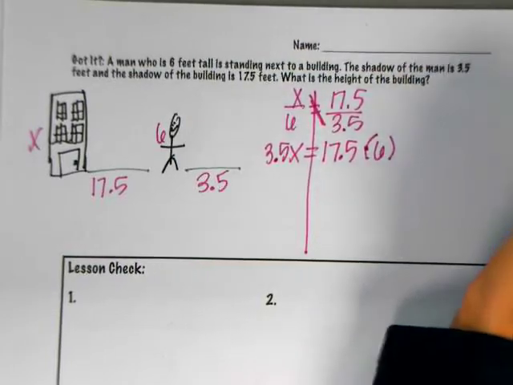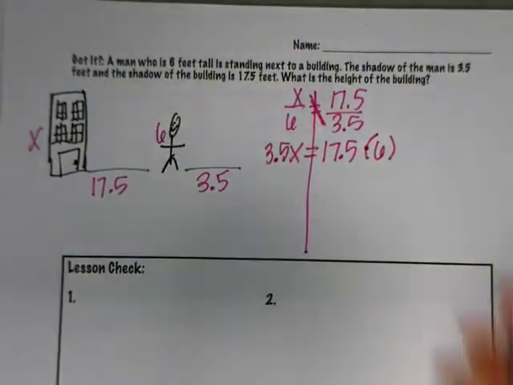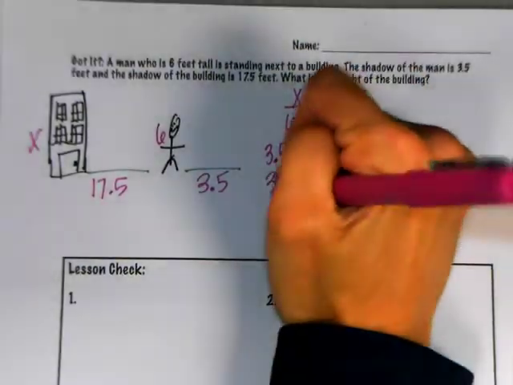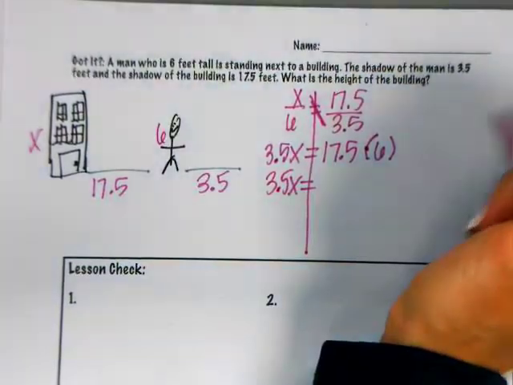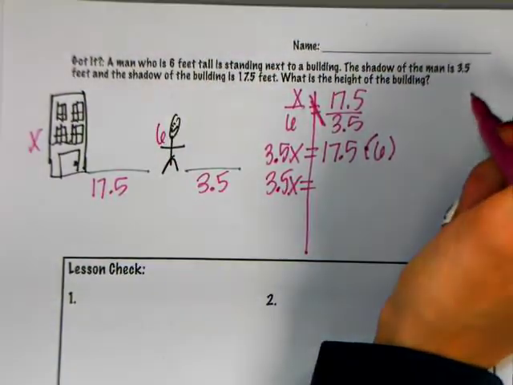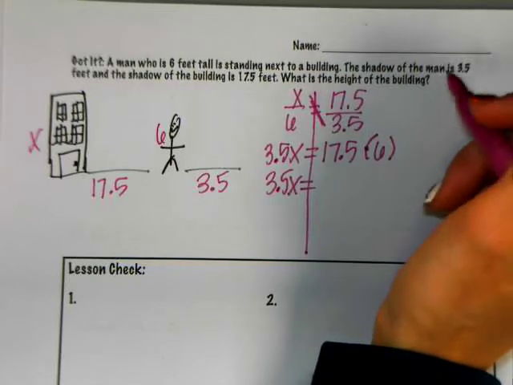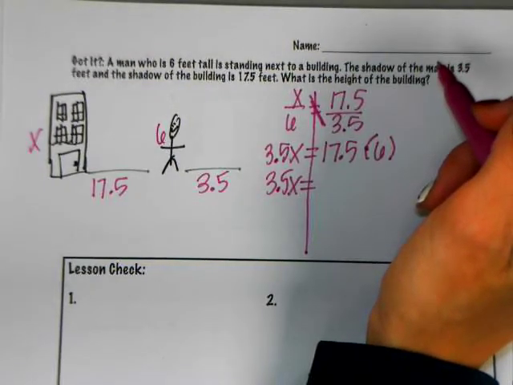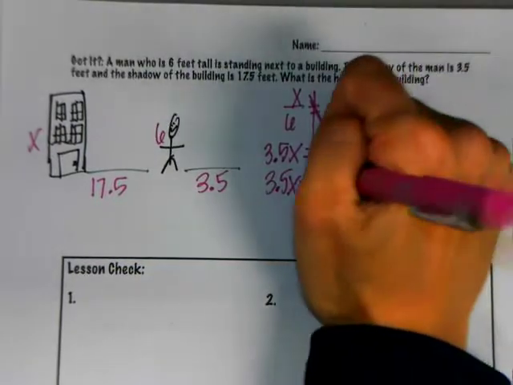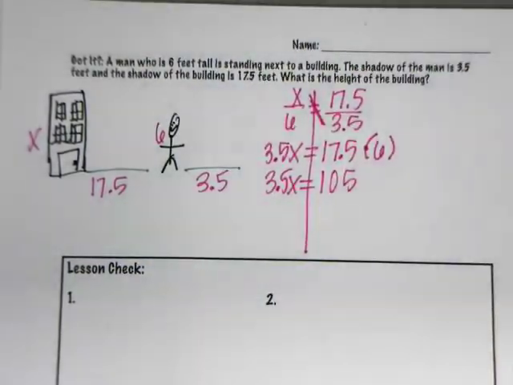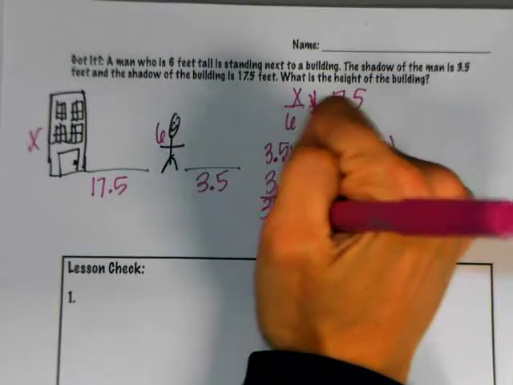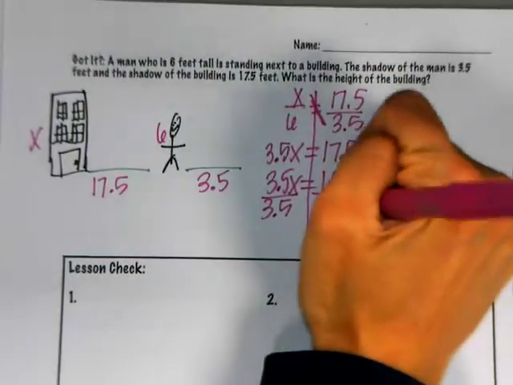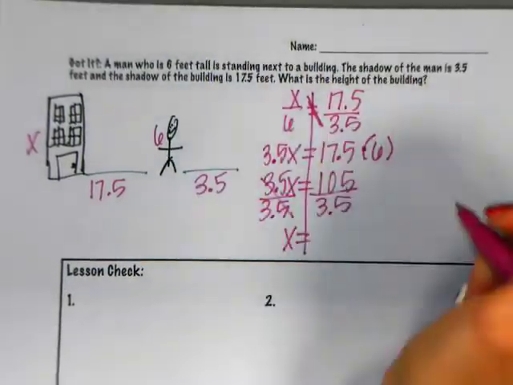I guess we'll just do that. So then you'll have 3.5x equals whatever that is. I don't know. 60 plus 42, 102 plus 3, 105. It is 105? Okay, and then divide by 3.5. 30?